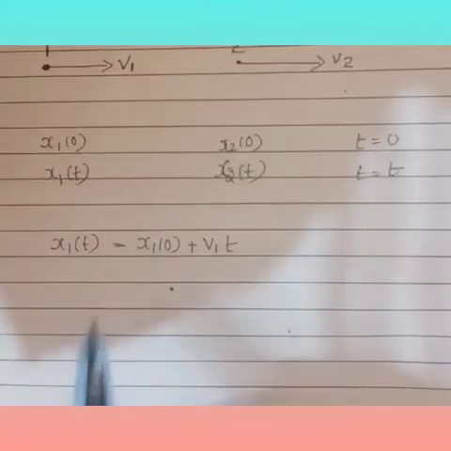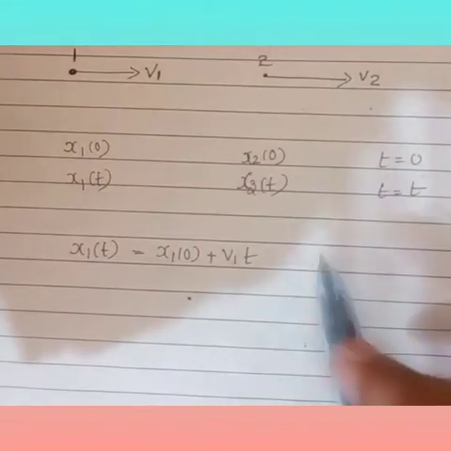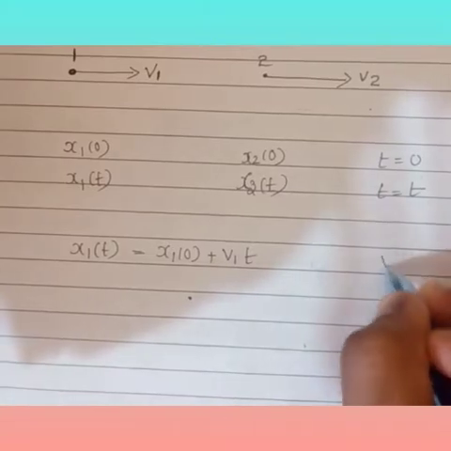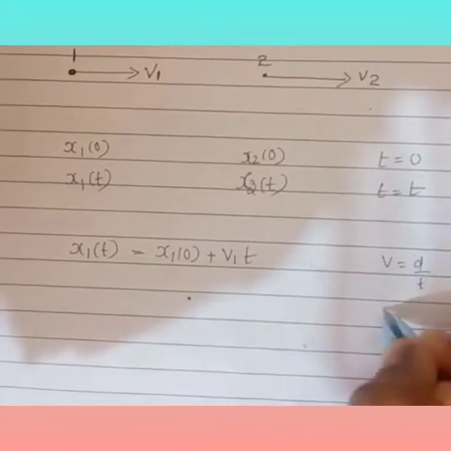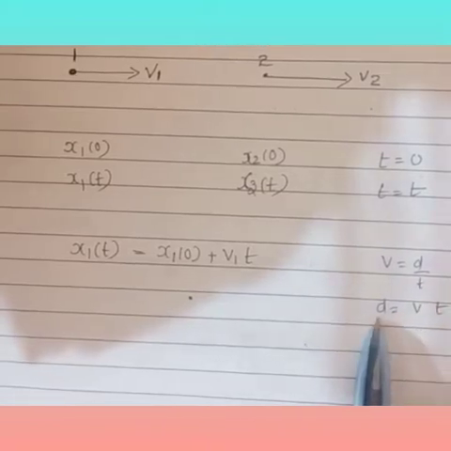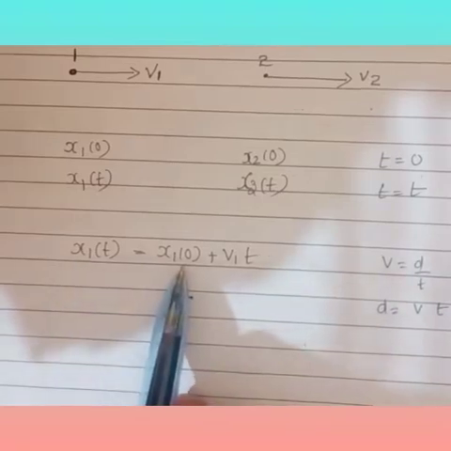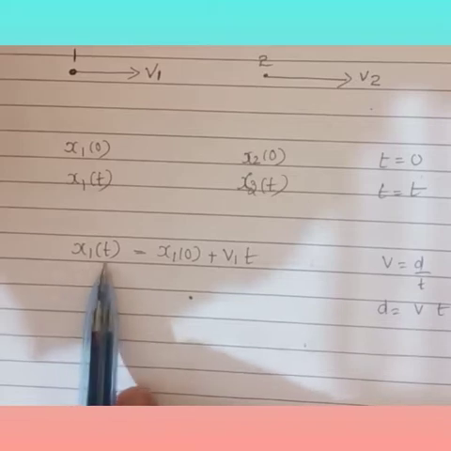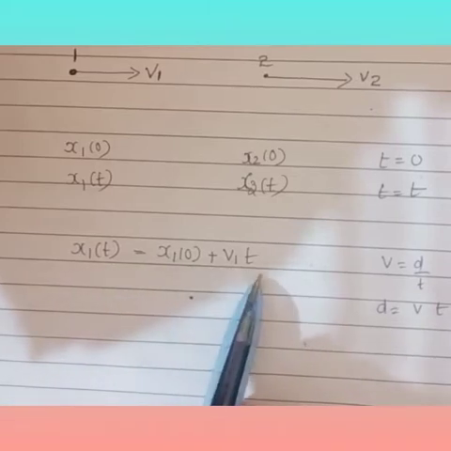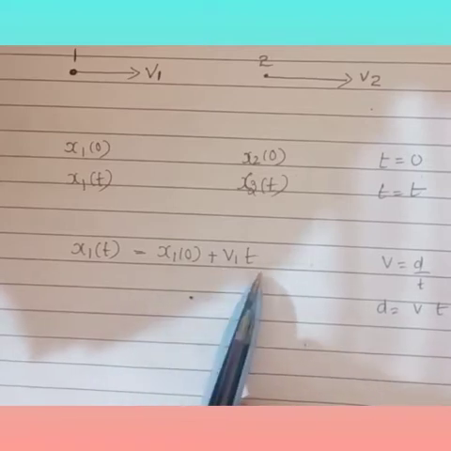You know velocity is equal to distance by time, so distance is velocity into time. Here distance means we consider the position coordinates. So x1 t is equal to x1 0 plus v1 into t, the velocity of the first object into its time.